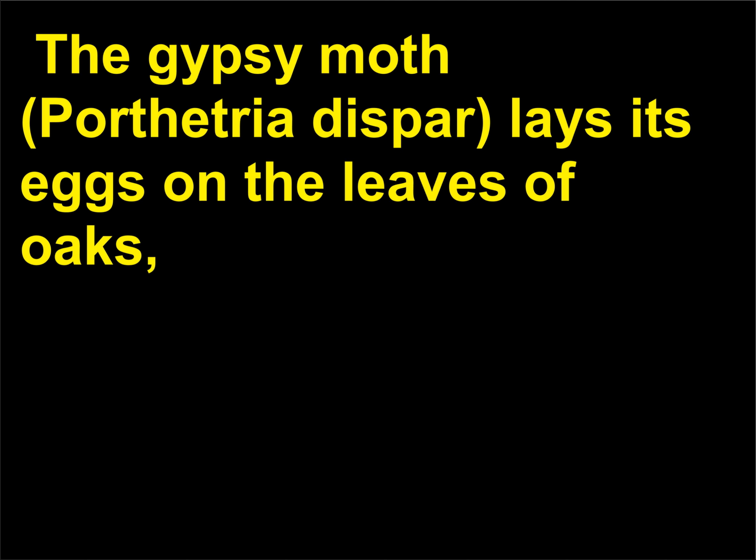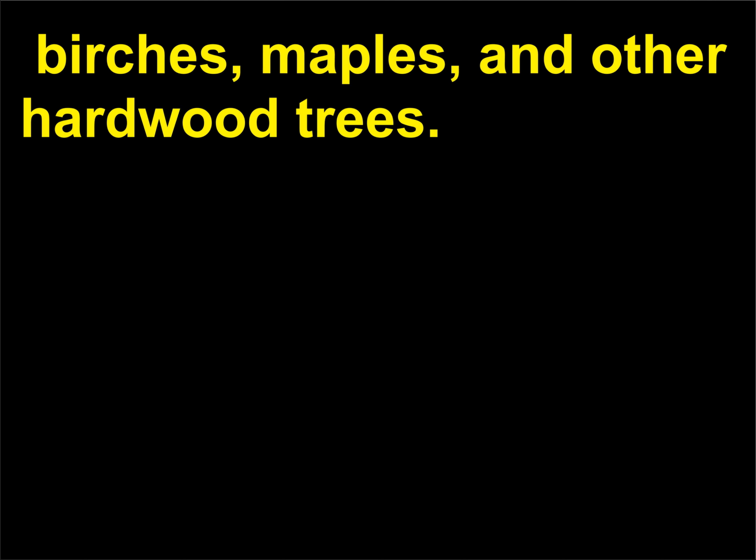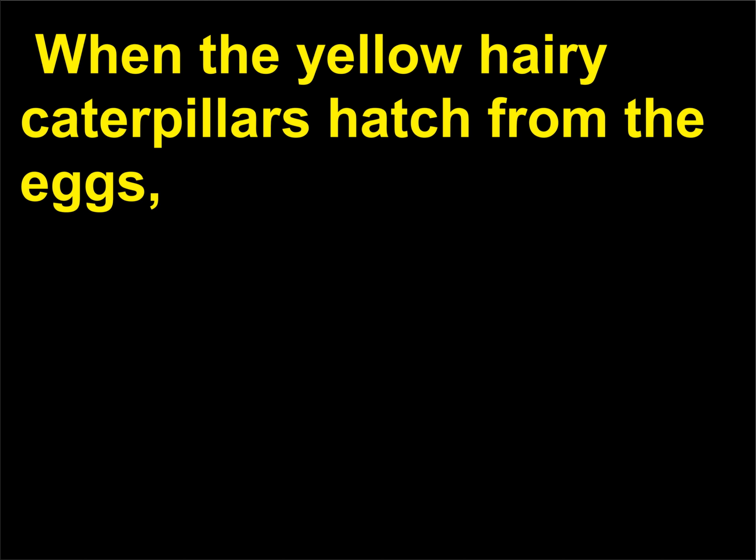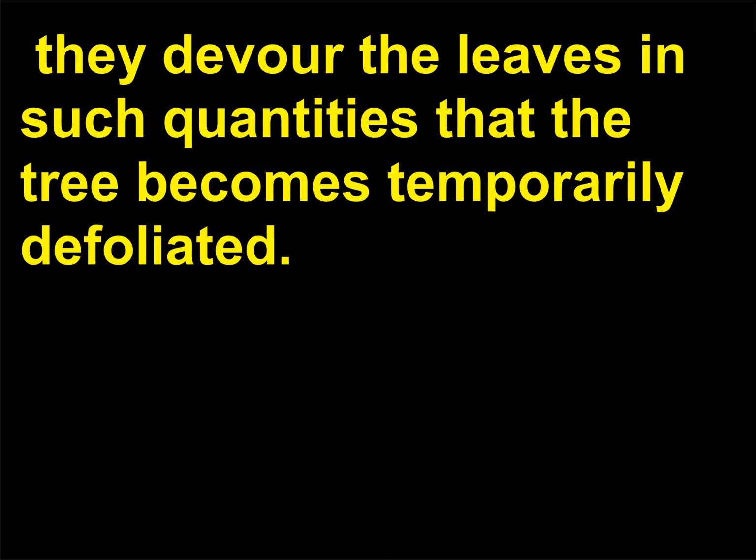The gypsy moth, Porthetria dispar, lays its eggs on the leaves of oaks, birches, maples, and other hardwood trees. When the yellow hairy caterpillars hatch from the eggs, they devour the leaves in such quantities that the tree becomes temporarily defoliated.